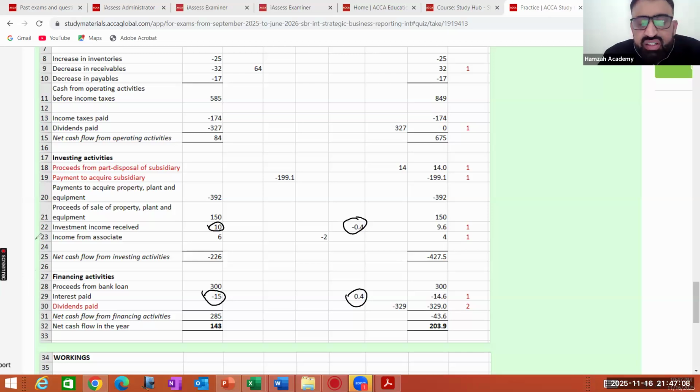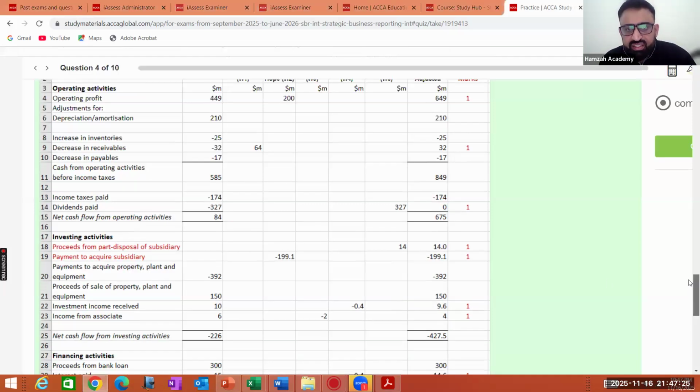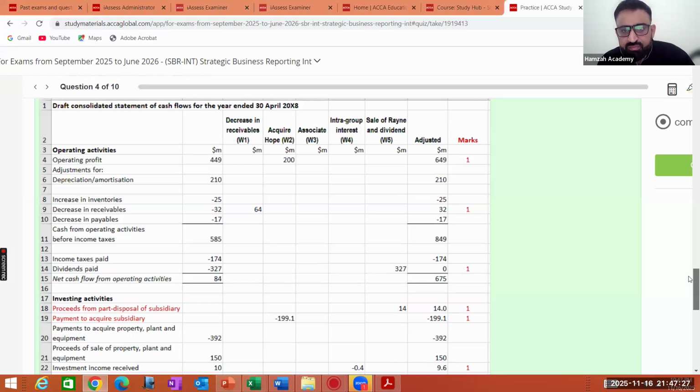Because the parent and subsidiary are treated as a single economic entity, the intra-group cash inflows and outflows cannot be consolidated. Similarly, intra-group income and expenses are not consolidated. So that point has been adjusted, intra-group interest.